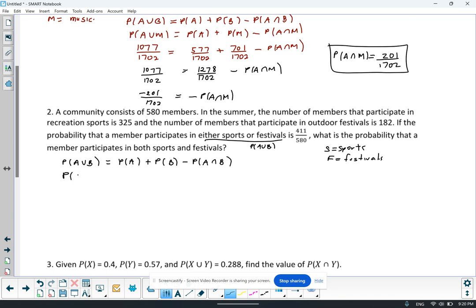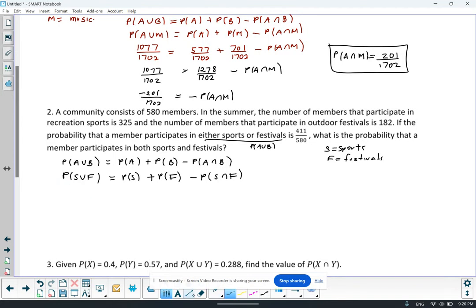So sports or festivals is equal to the probability of sports plus the probability of festivals minus the probability of sports and festivals, which is what I'm looking for.